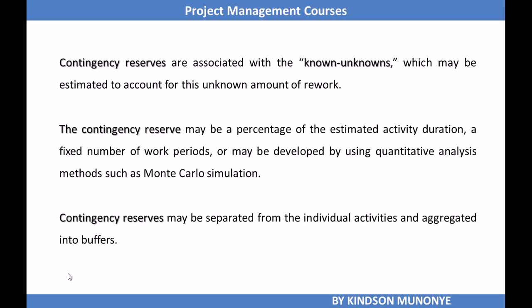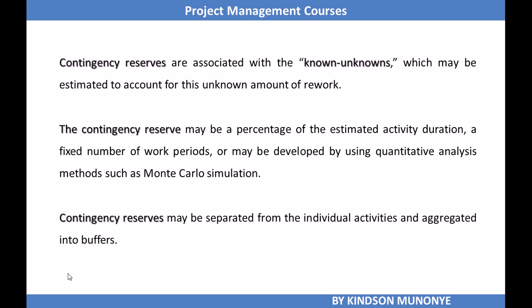They are associated with known unknowns, and may be estimated to account for an unknown amount of work. The contingency reserve may be a percentage of the estimated activity duration, a fixed number of work periods, or may be developed using a quantitative analysis method such as Monte Carlo simulation.